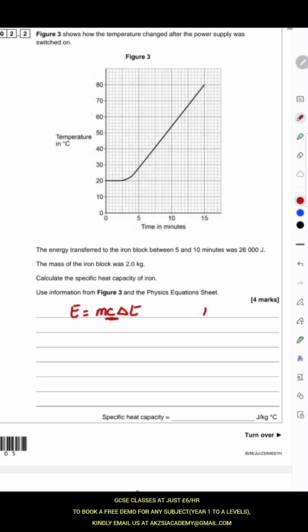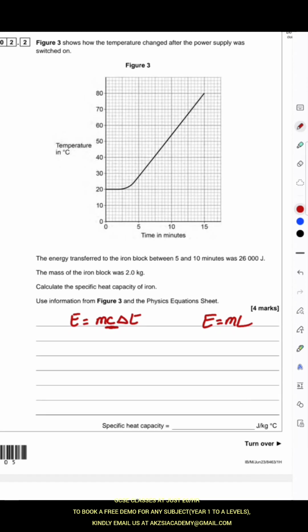So that is calculated by E equals mL, where L stands for latent heat, or specific latent heat. Specific latent heat, which is L in this case, is the amount of energy required to change the phase of a unit substance.